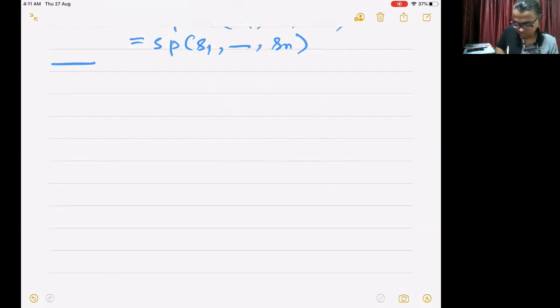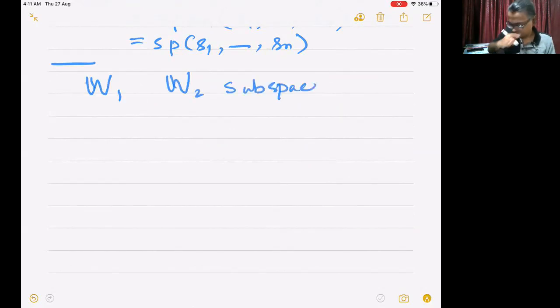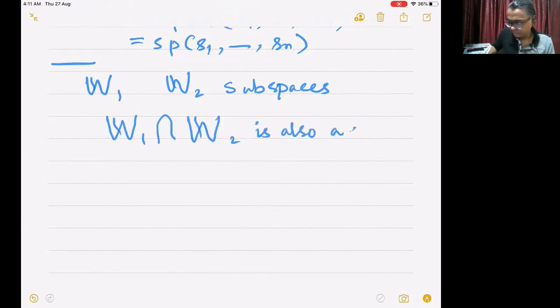With subspaces, we also define the following. If we have two subspaces, W1 and W2, both of them subspaces, then W1 intersection W2 is also a subspace. You can easily check that.